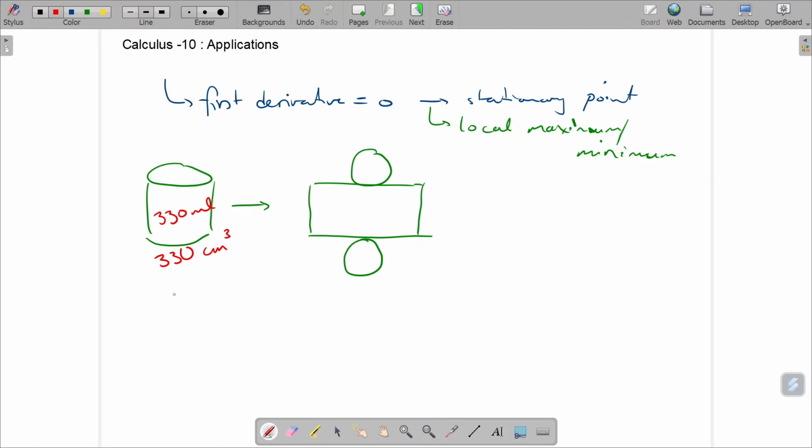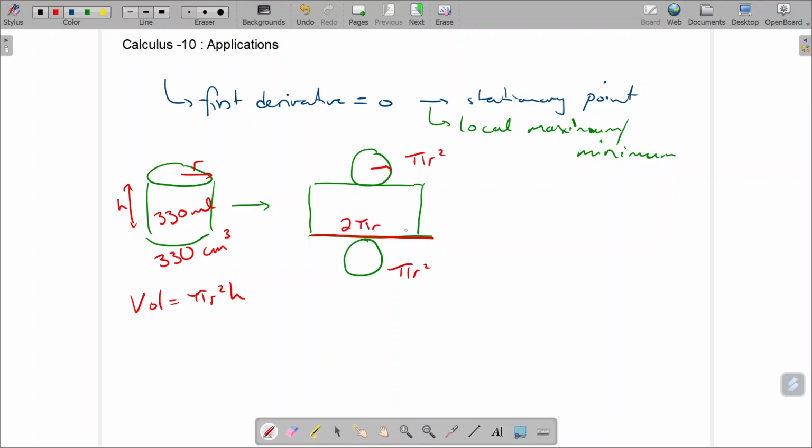Okay? I know, for example, that if I knew my radius and I knew my height, the volume of the shape would be pi r squared h. In the same way, I know that if this is the radius, this top piece is pi r squared, this bottom piece is pi r squared, and this rectangle across the middle has a length that is 2 pi r.